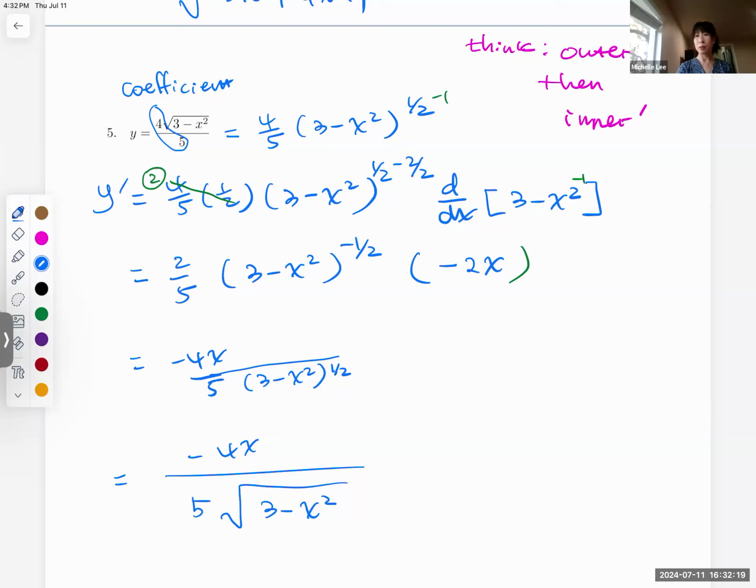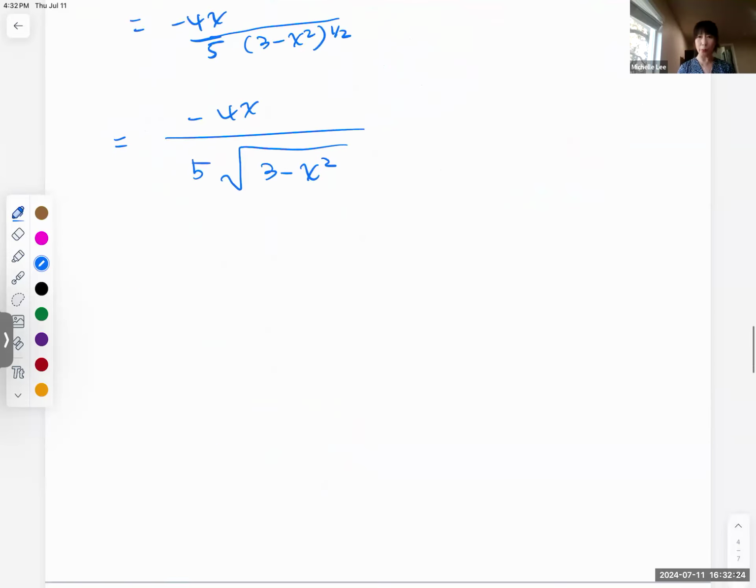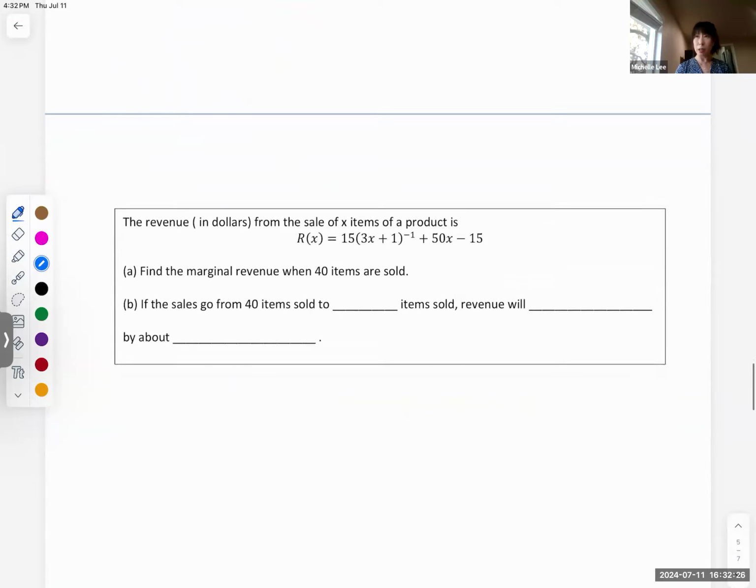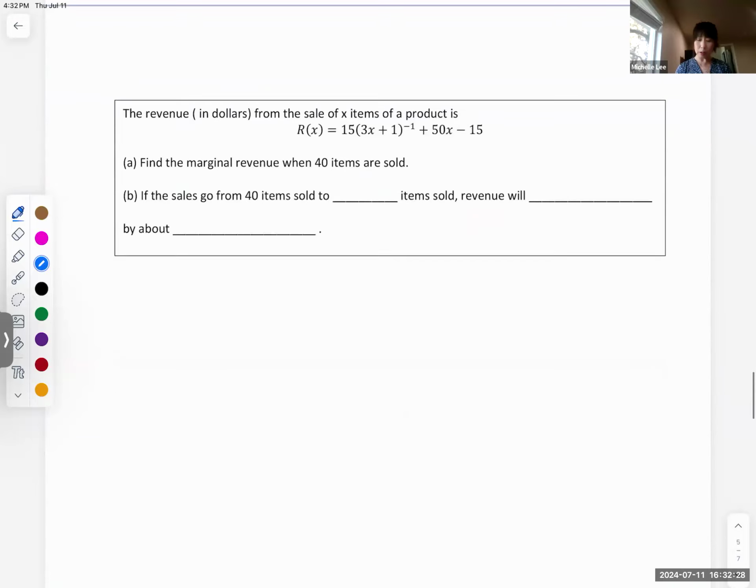All right, let's do this one. We practiced enough, right? Now we can do this one. The revenue in dollars from sale of x items of a product is R of x.